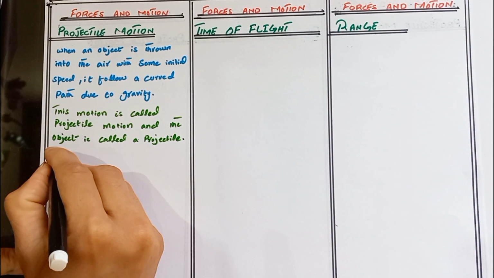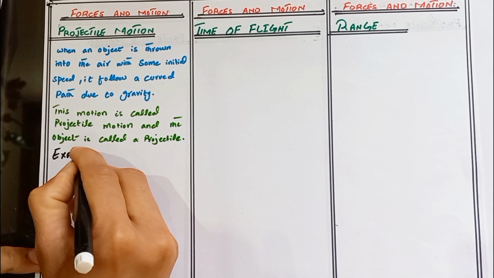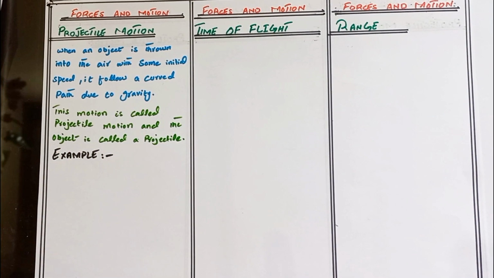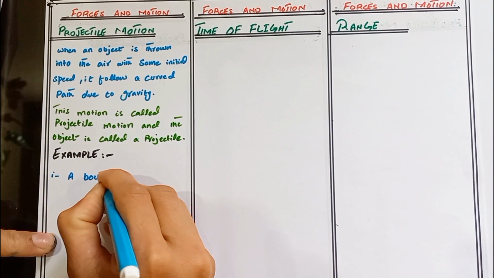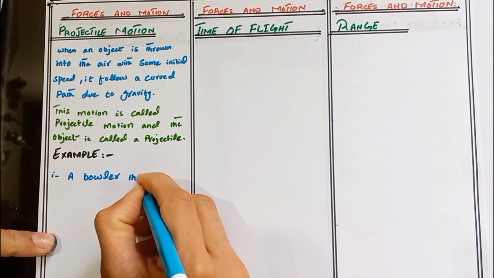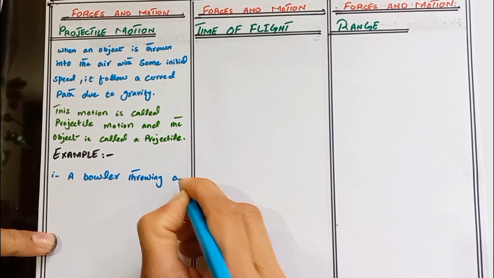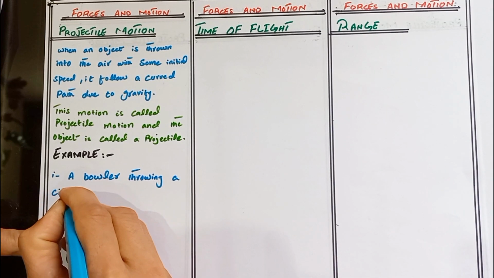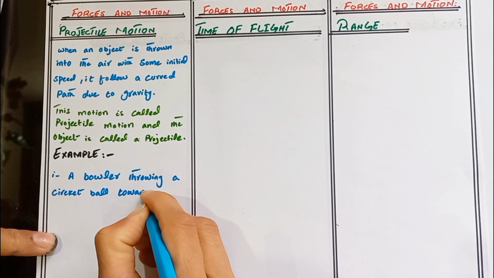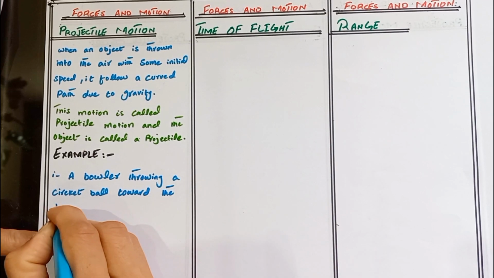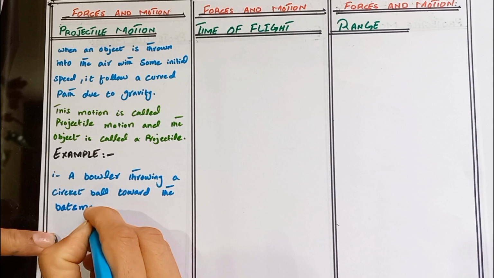Now we discuss some examples. First example is a bowler throwing a cricket ball toward the batsman.